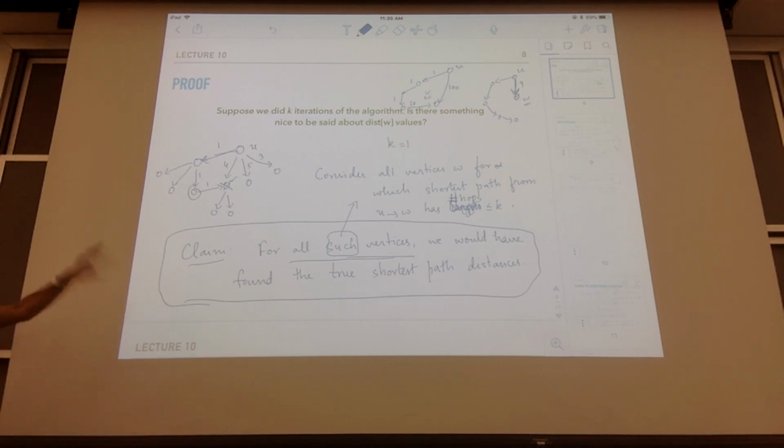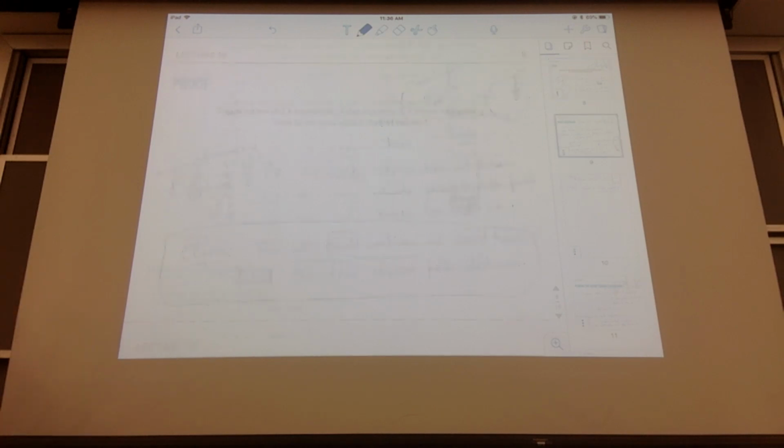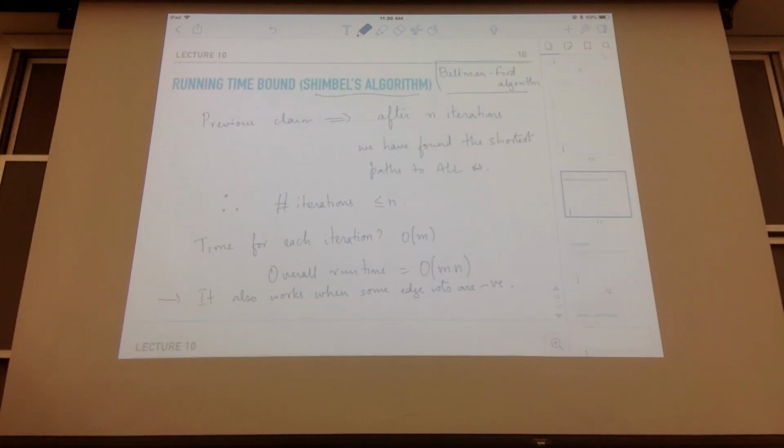But let's consider a case where there are no negative cycles. Then this claim would still be true, and you would still have the property that after n iterations we have found the shortest paths to all vertices. All this relies on is that the shortest path to any vertex uses at most n hops.